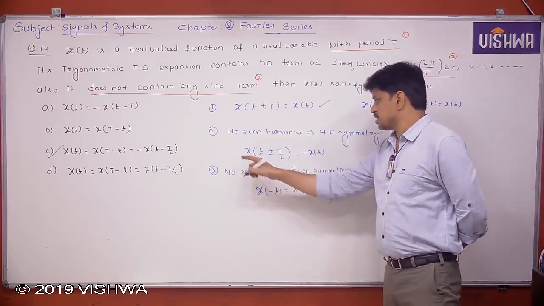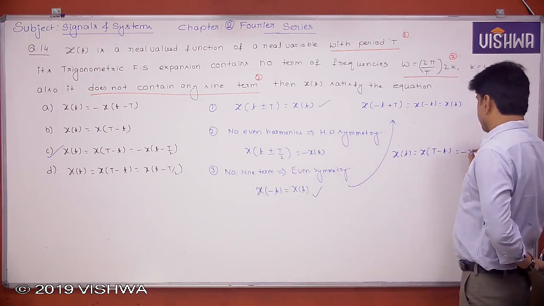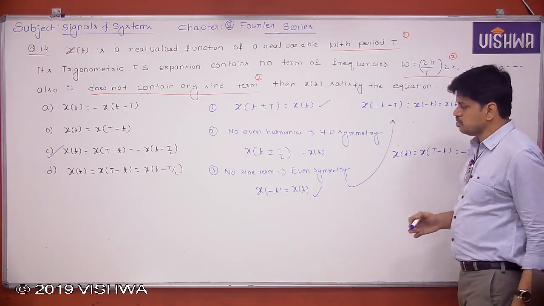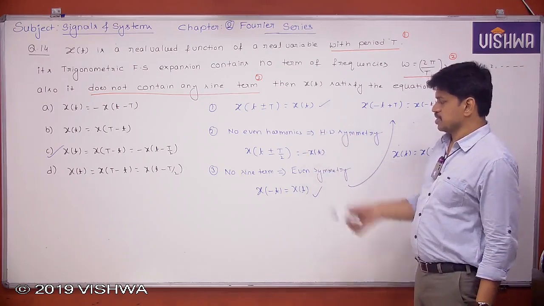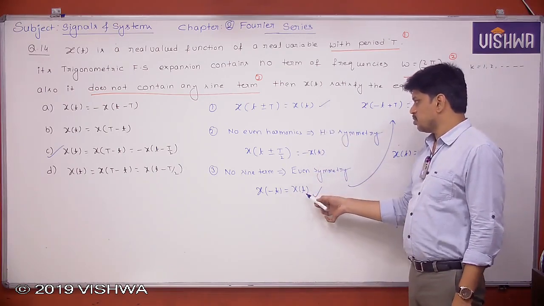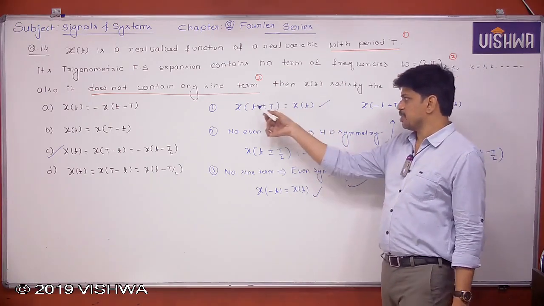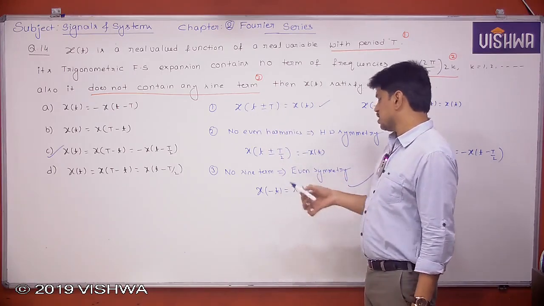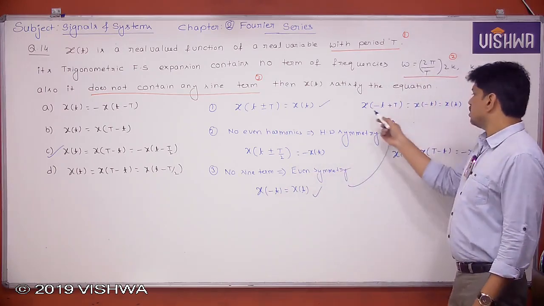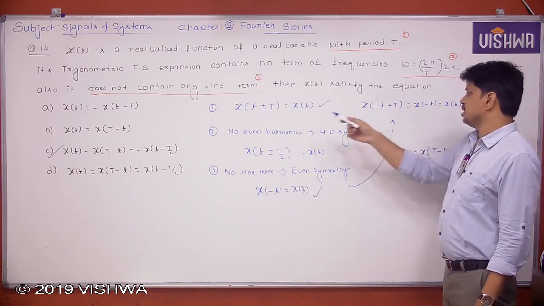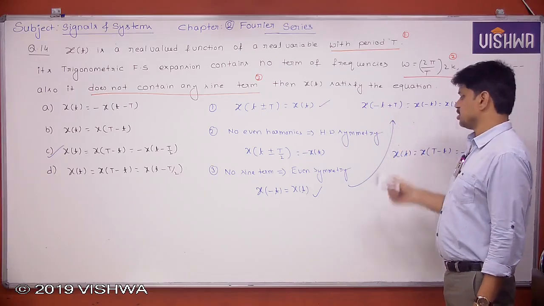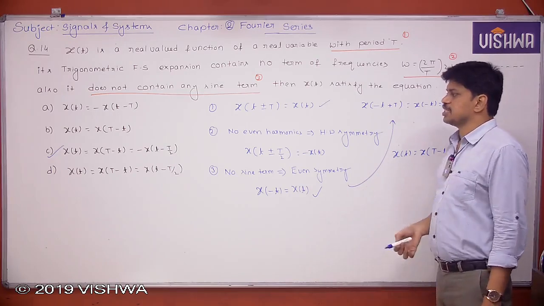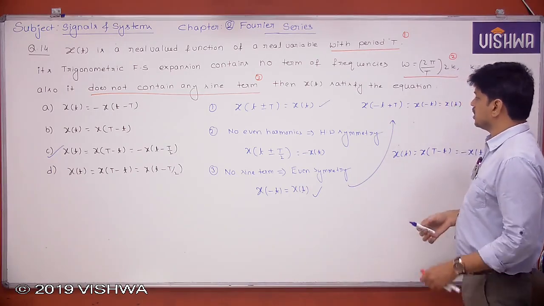If I take this minus here, it is minus x of t minus T by 2. I hope you understood. I am combining third and first. X of minus t is equal to x of t. If I replace t with minus t on both sides, this is going to be x of minus t is equal to x of t only. And if I take only positive, then it is plus t. I hope you understood. So this is the expression we get, which is nothing but C. Clear? Take it.